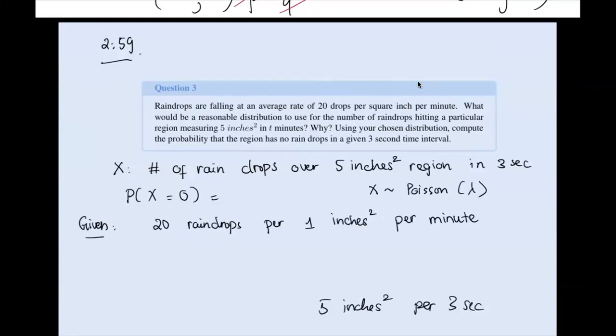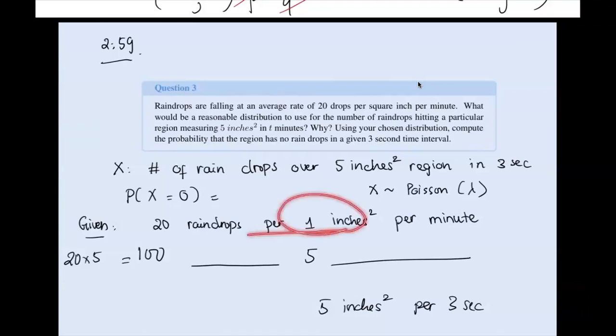So first we will find the number of raindrops, let's say per 5 square inches per minute. So we will have to take 20 times 5, because everything else stays the same, just the area of the region is 5 times more, so we multiply by 5.